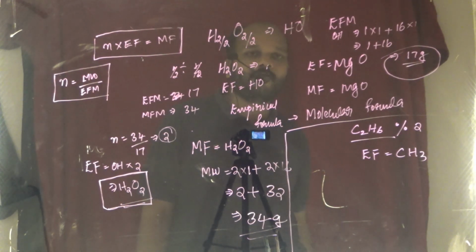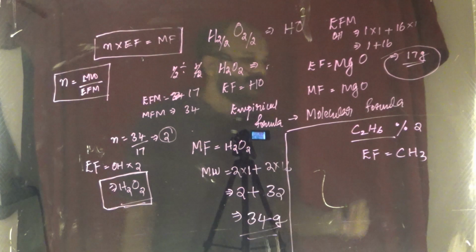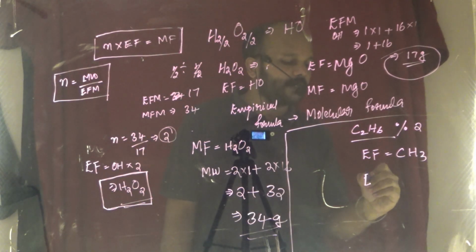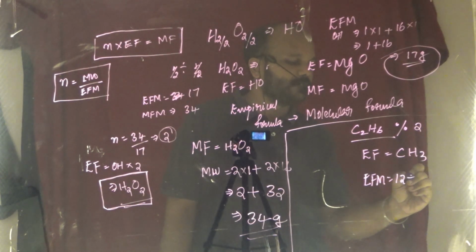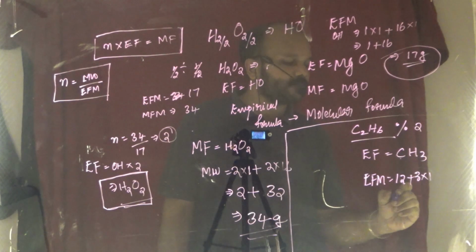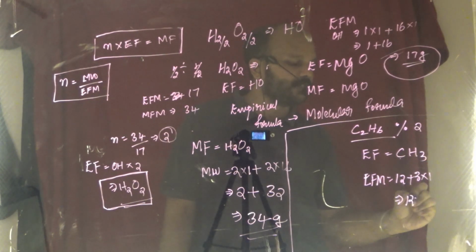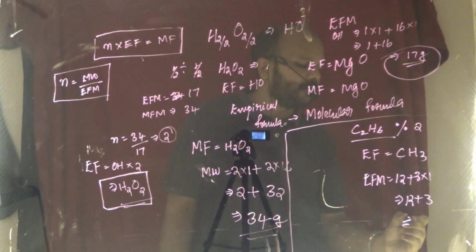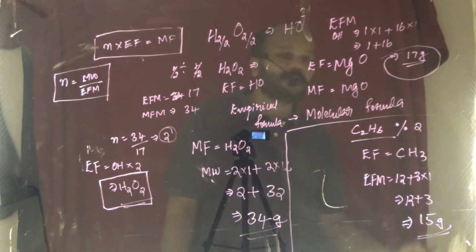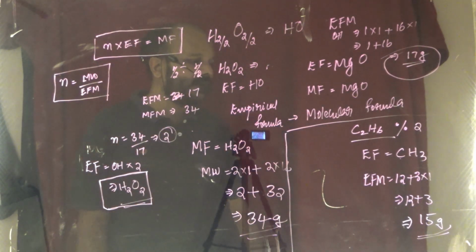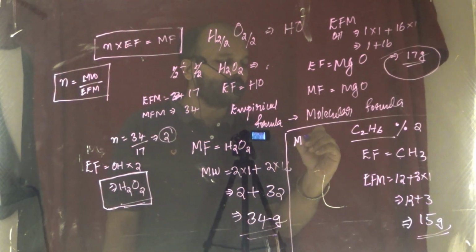This is the empirical formula. The empirical formula mass is 12, because that is the atomic mass of carbon, plus 3 into 1, so 12 plus 3, around 15 gram. That is the empirical formula mass. And the molecular weight, we don't know. We will find the molecular weight.